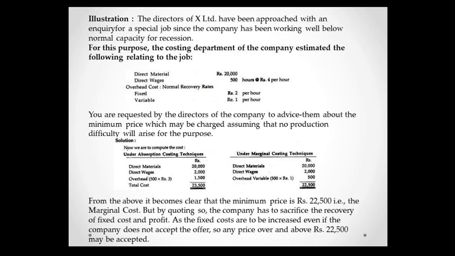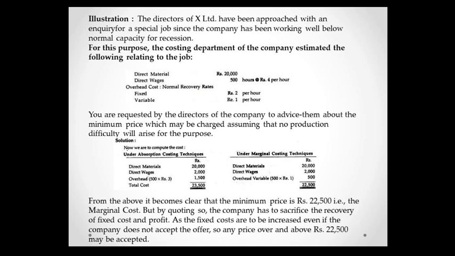But in case of marginal costing technique, we are aware that we should not include the fixed cost. So the same thing, direct material is given as 20,000 and direct wages is 500 hours at rupees 4 per hour, so we will be getting 2,000. Here we need not take the fixed cost.